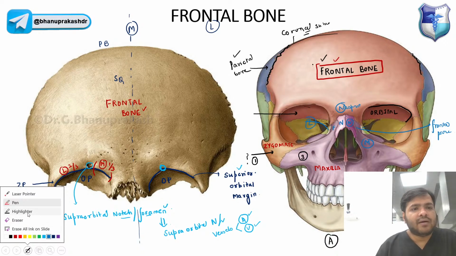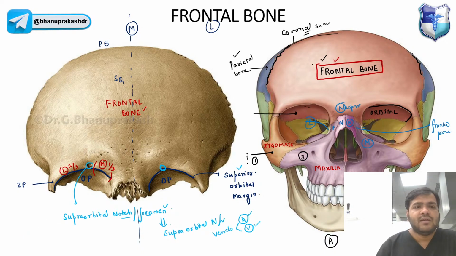Again, guys, let me try to mark over here. Above the supraorbital notch or foramen, or supraorbital margin, we have these margins, which you can see in this bone. There is a slight bony elevation, and that is called the superciliary arches.